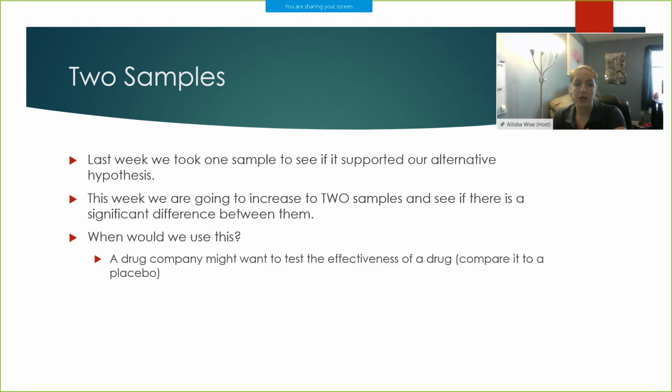So when would we use this? In the real world, oftentimes we like to compare and contrast. For example, a drug company might want to test the effectiveness of a drug. And to prove something, you often have to have a control group.